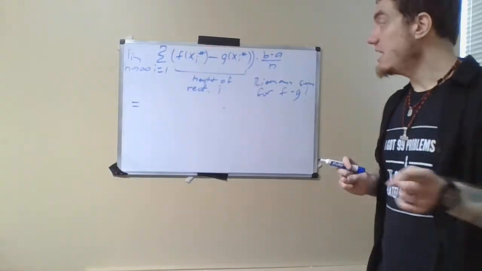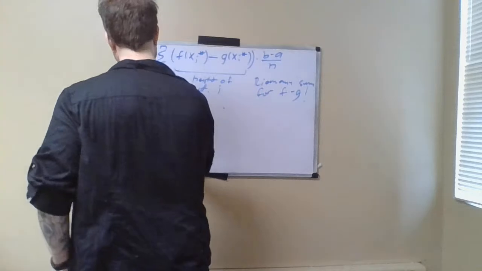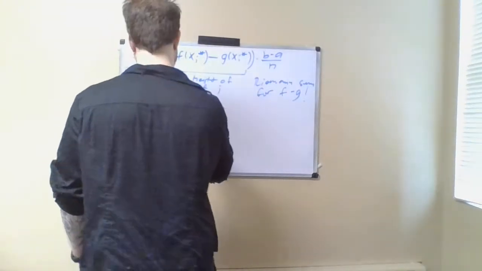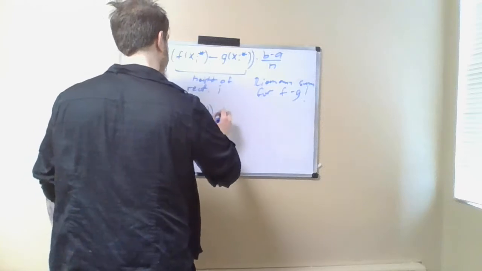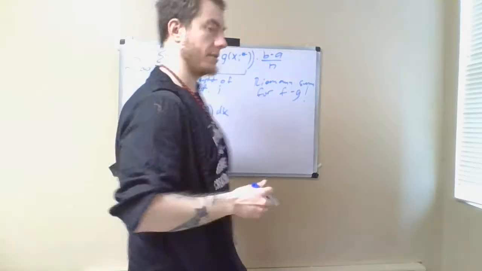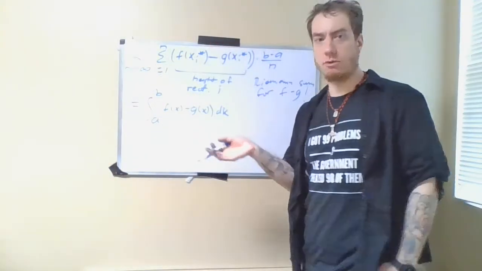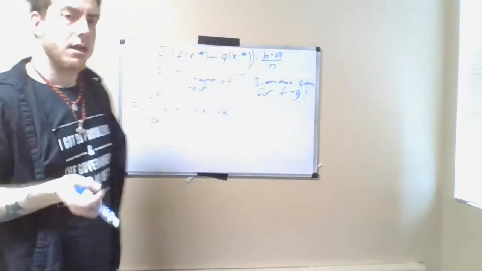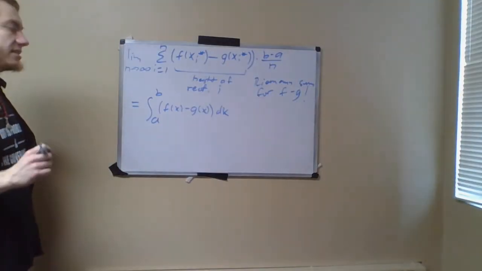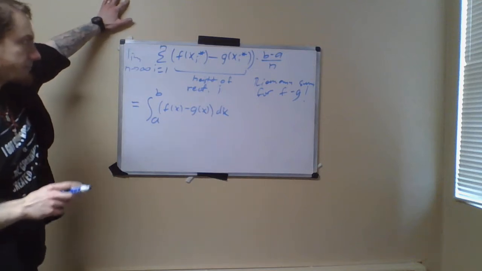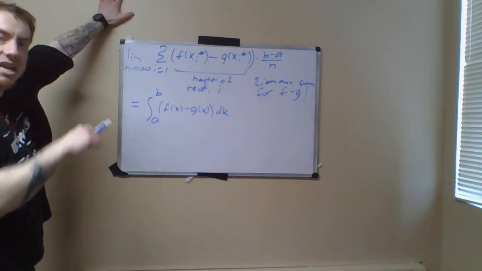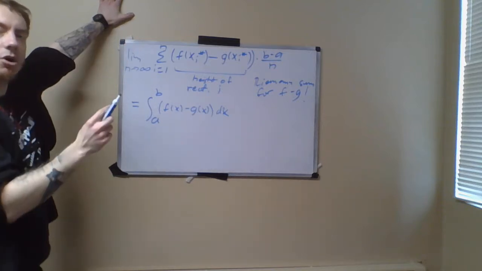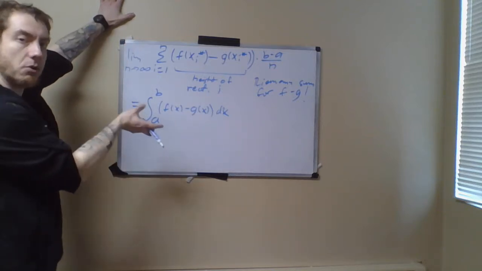What this is going to be is the definite integral from a up to b of f of x minus g of x dx. And there we go, that's all we've got. So actually, what we can say is to find the area between two curves, we just take the top curve minus the bottom curve, and we do the definite integral.